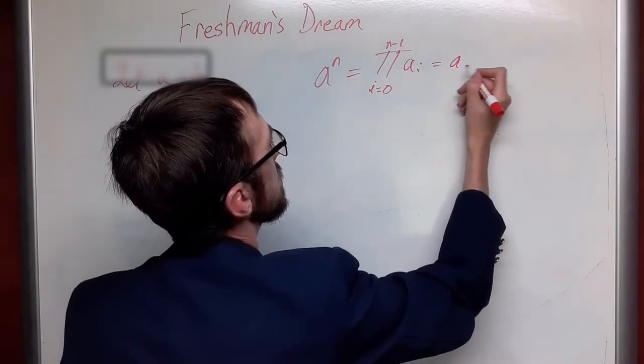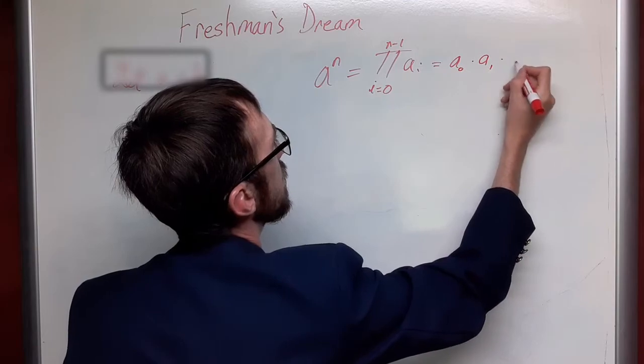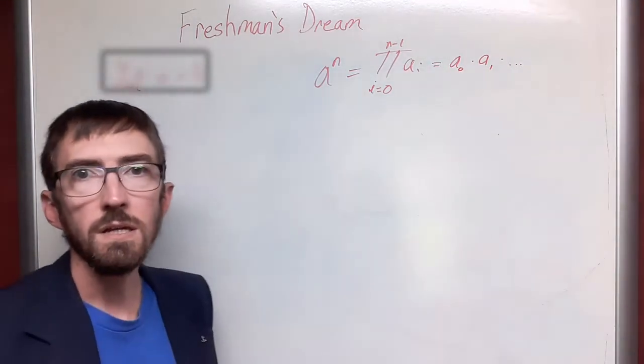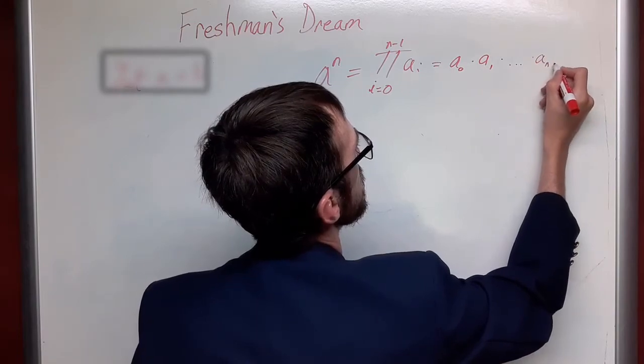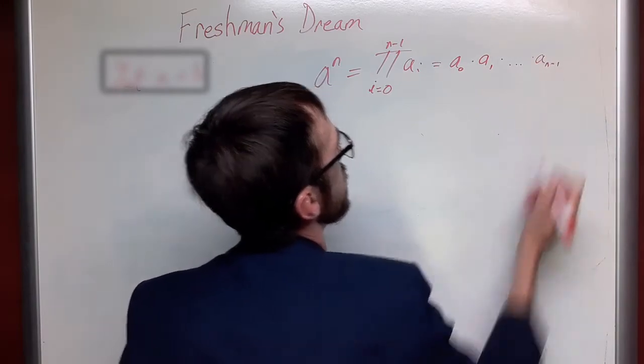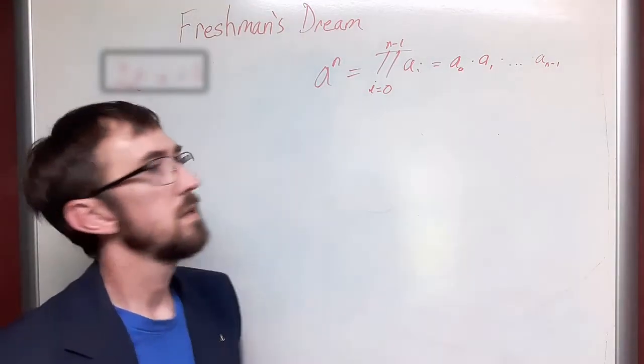So that's going to be a sub 0 times a sub 1, times however many terms we have to get to a sub n minus 1.